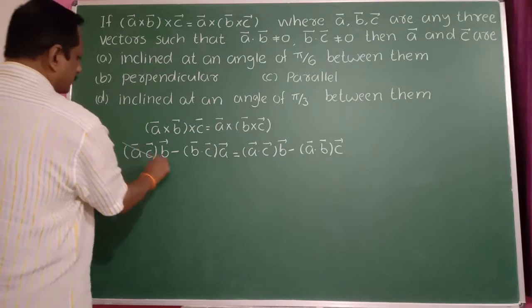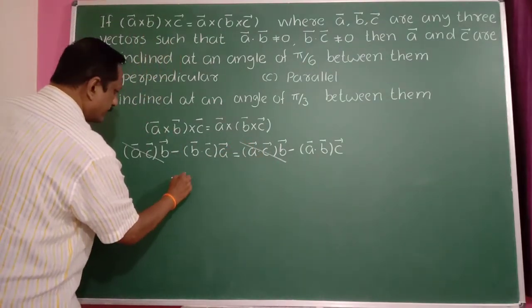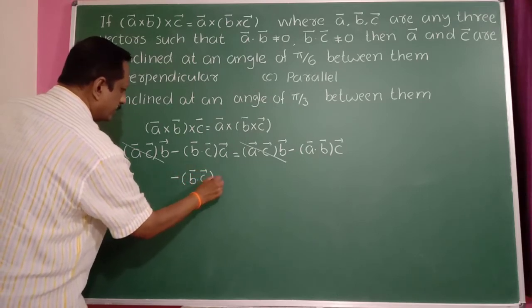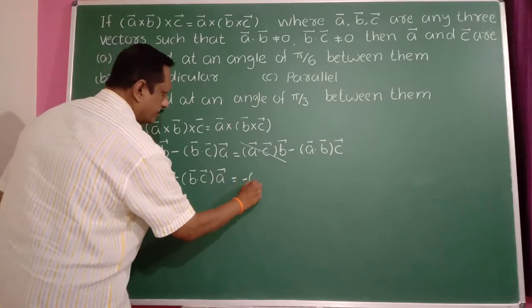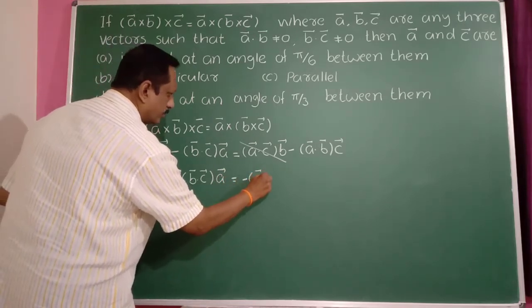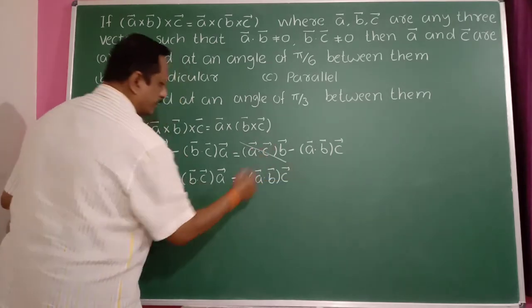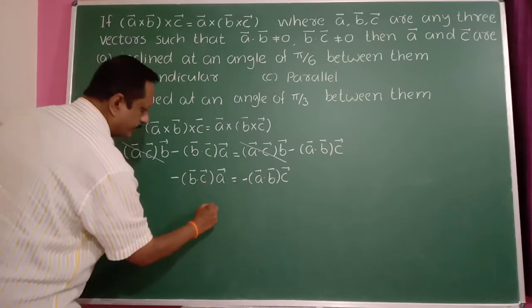Here we can cancel both the terms, both are same here. Hence minus (B bar dot C bar) into A bar is equal to minus (A bar dot B bar) into the vector C bar. Here this minus becomes a plus, and cross multiply.